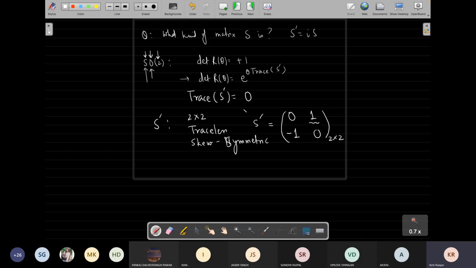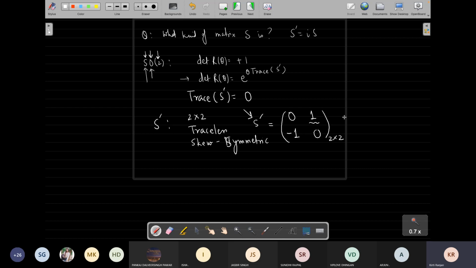The structure of S prime, or the structure of this generator, is clear just by knowing the properties of the group R theta, which is that it is a special orthogonal 2 by 2 matrix. Any other real number if you want to put, please look into it. That is nothing but some sort of multiple of this.